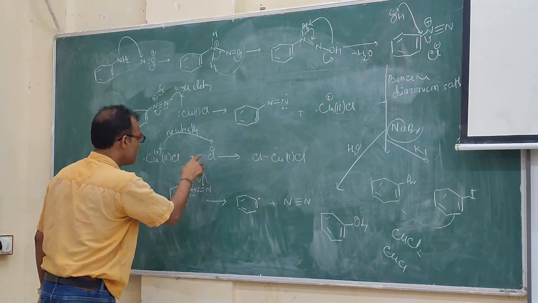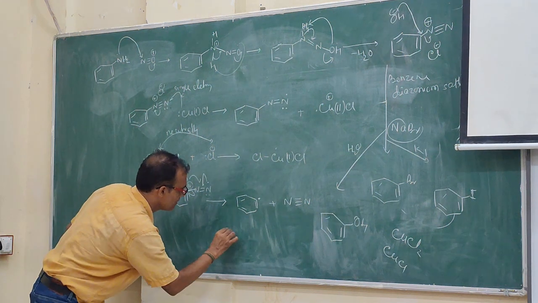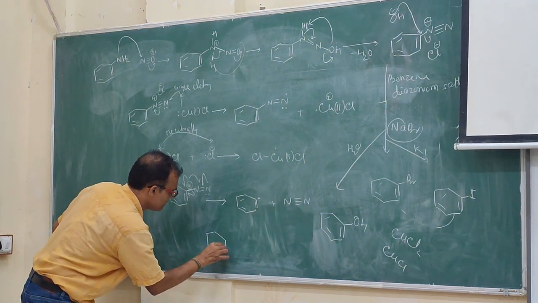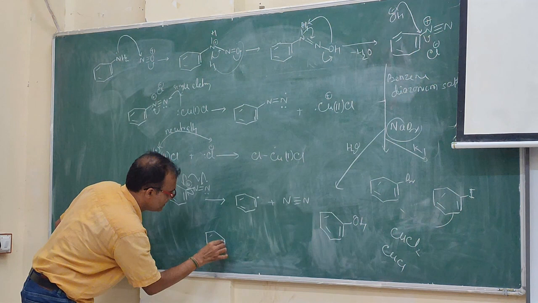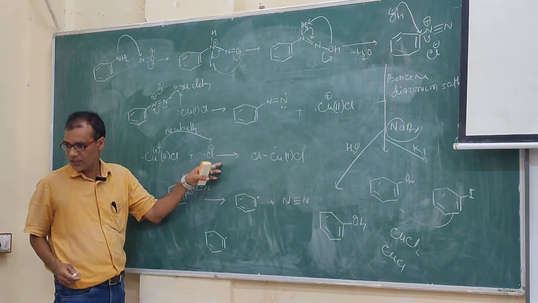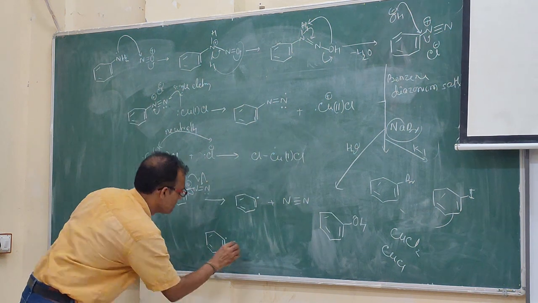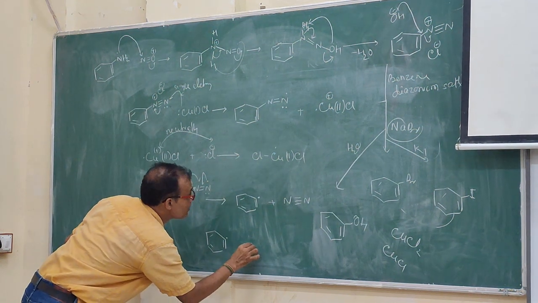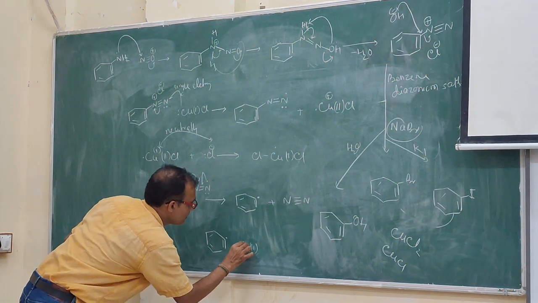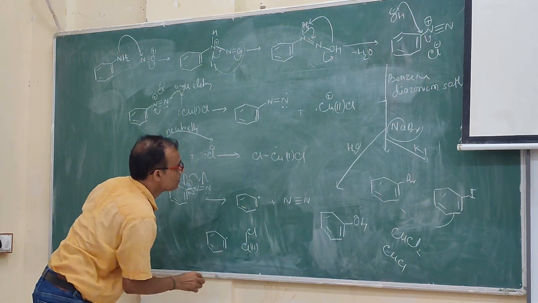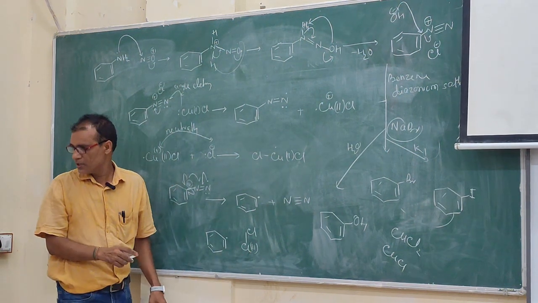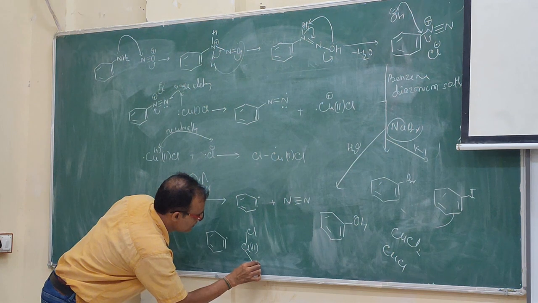And then this benzene radical will be established by this fellow. This benzene radical, already you have this one here. So you have copper 2, and you have Cl. There is a Cl atom, Cl with a dot.